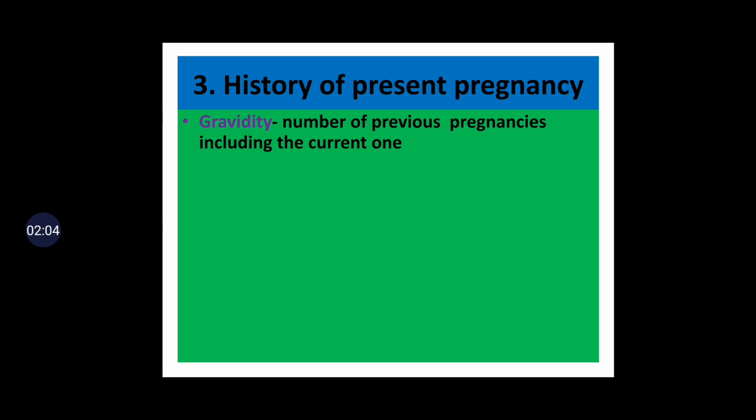So it includes ectopic and intrauterine pregnancies, molar and normal pregnancies, and pregnancies with live birth and stillbirths. Multiple pregnancy, like twin or triplet pregnancy, is considered as one gravidity. When you say gravidity three, the mother has two previous pregnancies and currently she is pregnant.